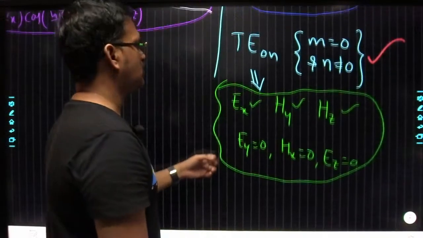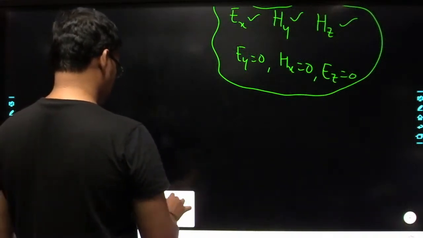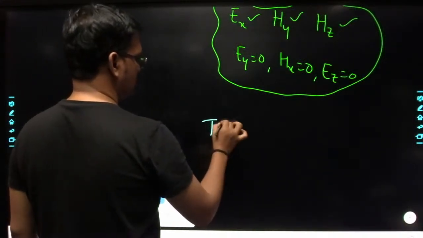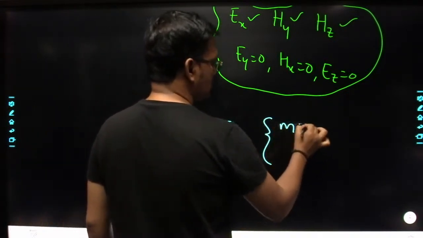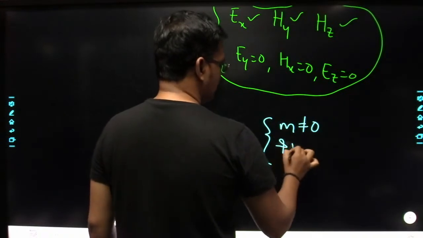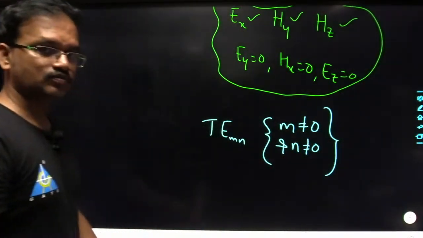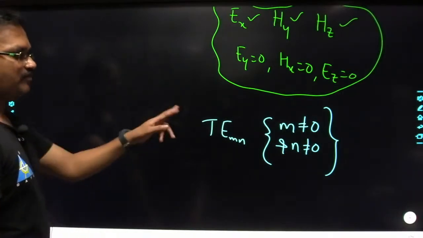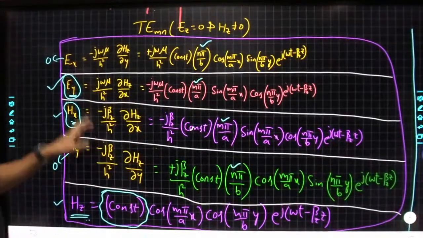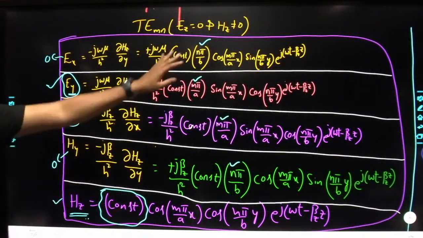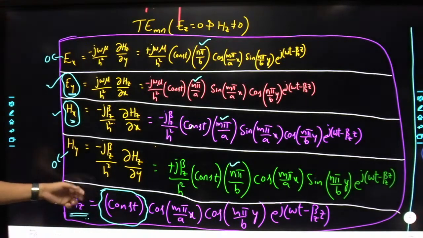Okay. Next, similarly, if you consider TE Mn, where m is not equal to 0 and n not equal to 0. We know that if m equal to 0, n equal to 0, that mode is not at all possible. If m not equal to 0, n not equal to 0, then in that case, all these field components are going to exist.